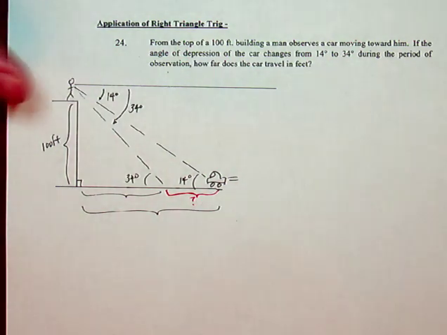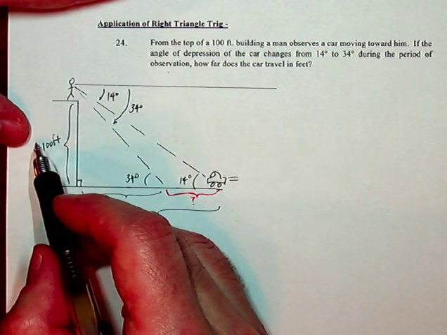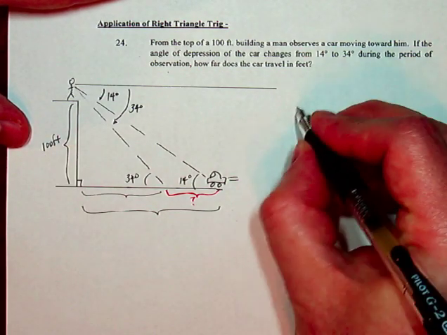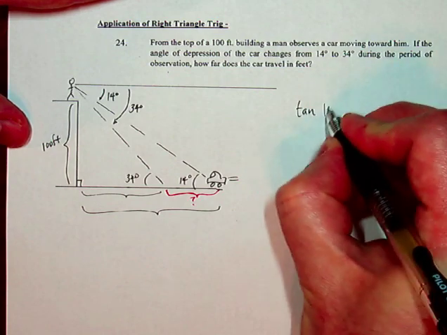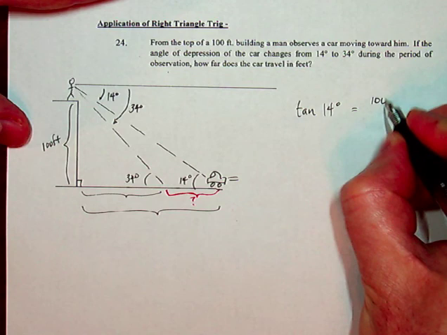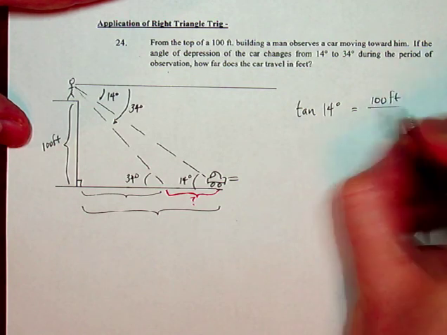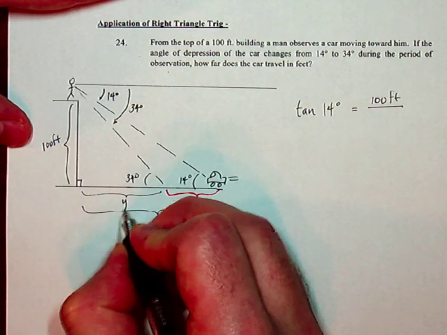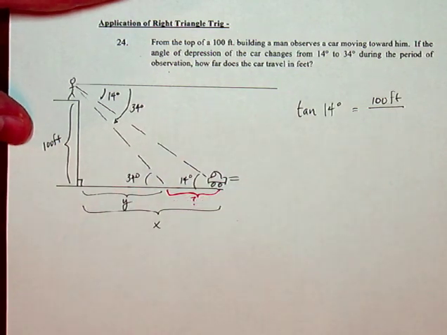Now, I have opposite, this is adjacent. So basically it's going to be tangent of 14 degrees is equal to the opposite over the adjacent. And we'll call this x and we'll call this y, just for lack of anything better to call them.